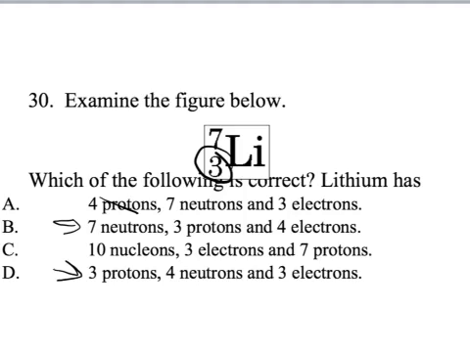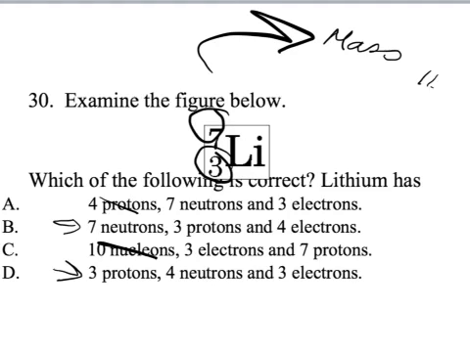So now, if we know that this is the mass number, and mass number equals protons plus neutrons, then what do we know? We know that it can't be B because that's saying 7 neutrons. So it has to be 3 protons, 4 neutrons, because 3 plus 4 is 7. There you go. Correct answer.